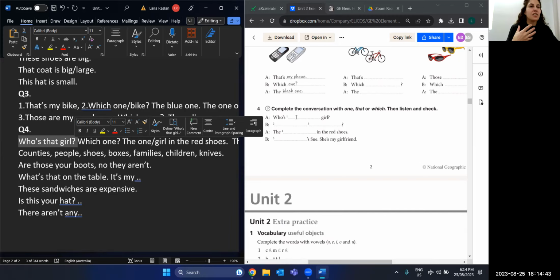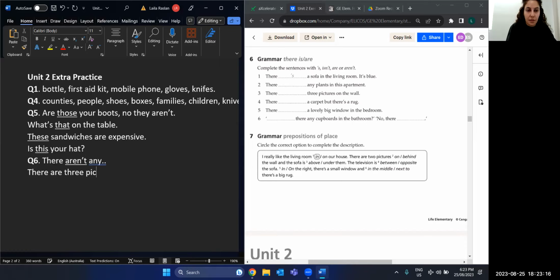Okay, number 3, there are, there are 3 pictures on the wall. Yep. Number 4, there isn't a carpet. Yes, because it has the but.